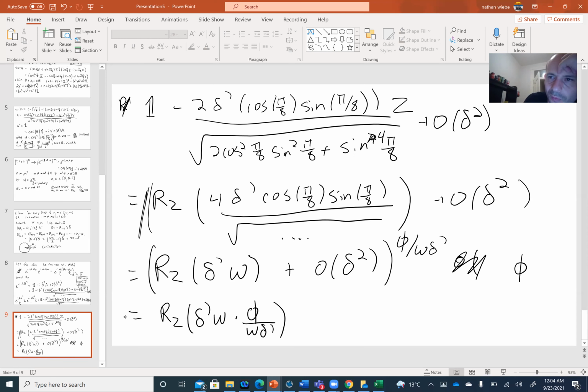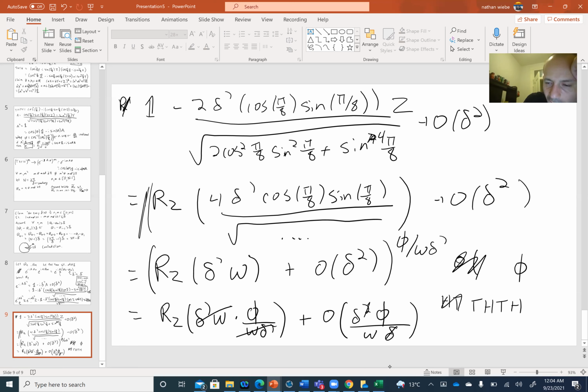And then just using the binomial theorem, we can see that the first order correction term is going to be order delta squared phi divided by omega delta, because again, delta prime is less than or equal to delta. So those cancel, and we see that the remainder ends up being order delta.